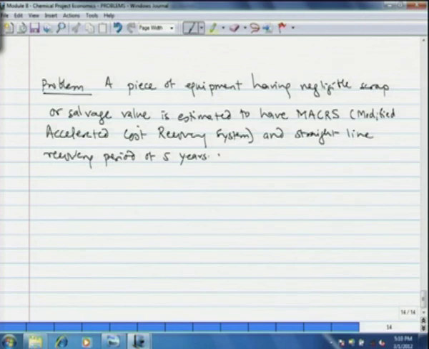The original cost of equipment is rupees 5 lakhs.